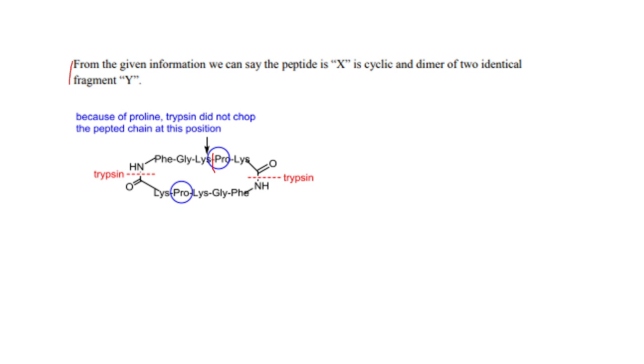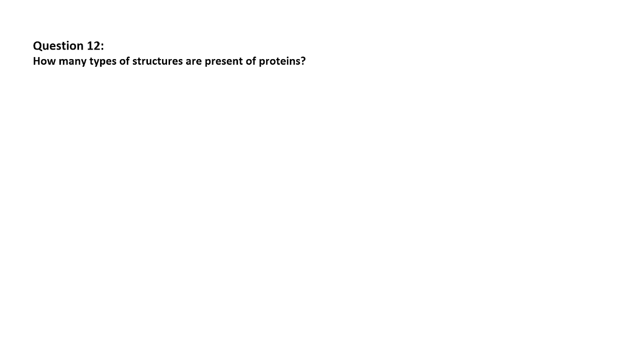How many types of structure are present in proteins? So let's understand a little bit more basics. Well, how many types of structures are present in proteins? Anyone? Let's see if you guys are listening or connected or not.